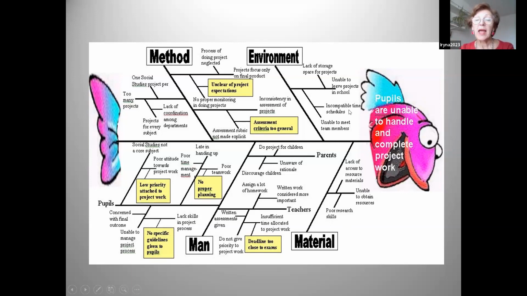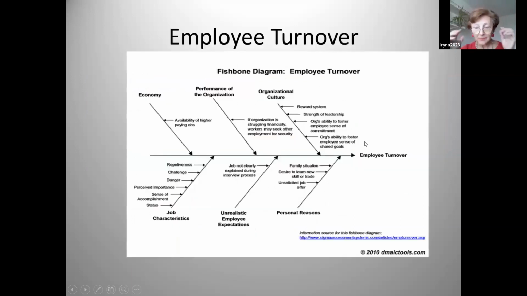So, and then after you have done this analysis, this is a good start for choosing an alternative, choosing a solution. You look at those problems that you can deal with.